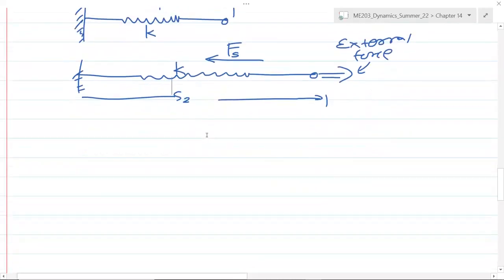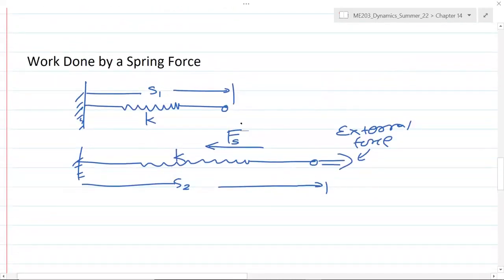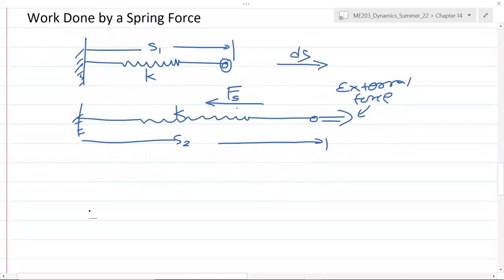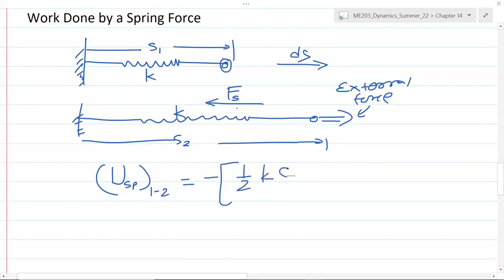So work done by the spring is actually negative, because the displacement of the particle, this end of the spring, stretches in the positive x direction while the spring applies force in the negative x direction. So both displacement and spring force are in opposite directions. So work done by the spring is negative, and we can calculate that as U spring going from 1 to 2 is minus 1 half K times S2 squared minus 1 half K times S1 squared.